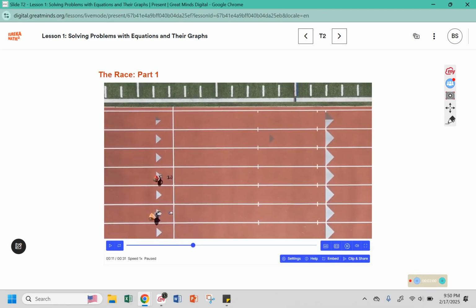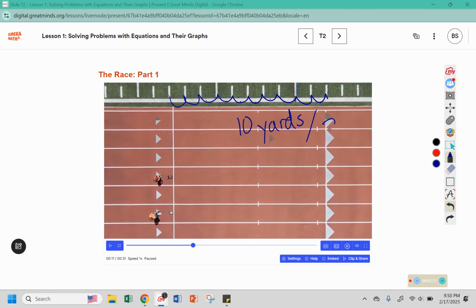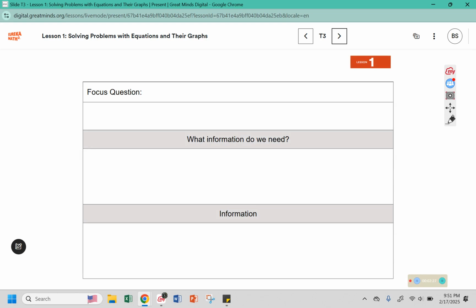We can also see that the distance of the race, since this is a football field, is about 10 yards, or 30 feet. So you can add that to the section where it asks about information we know.